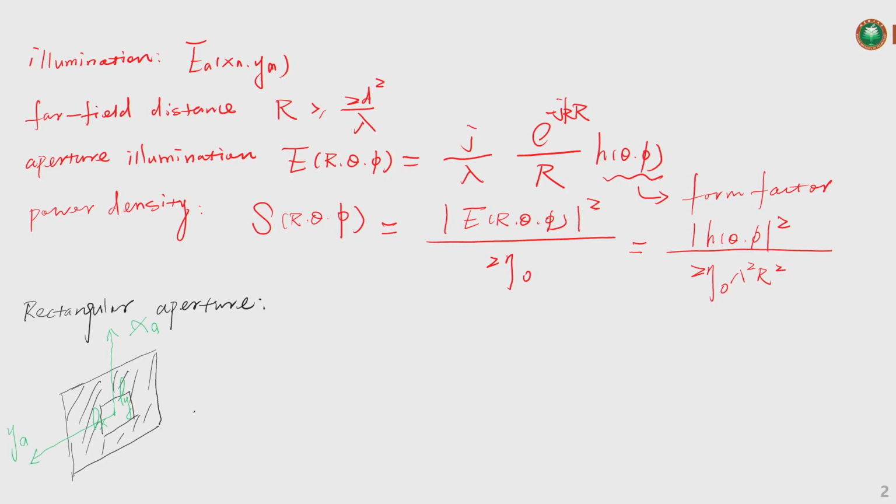So first here we set a uniform field distribution.